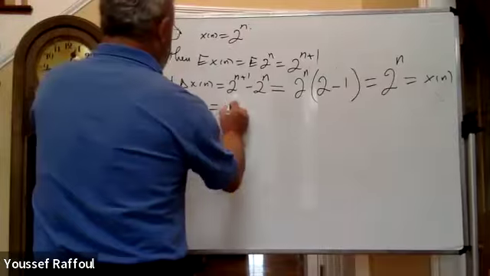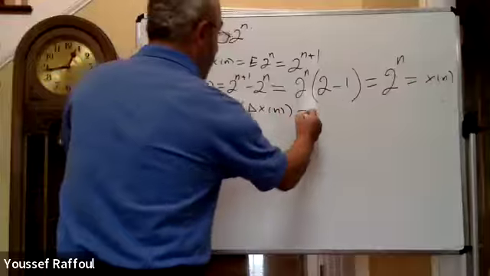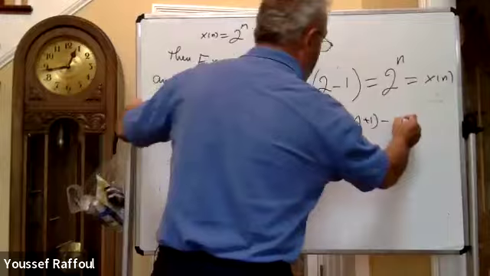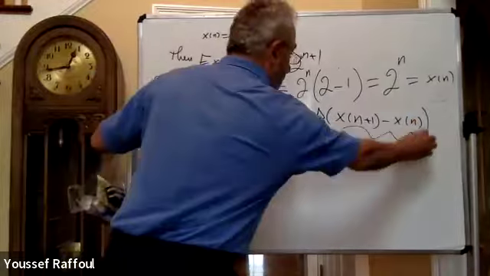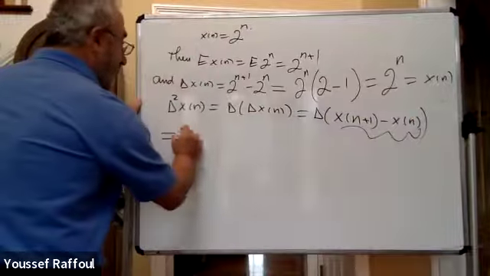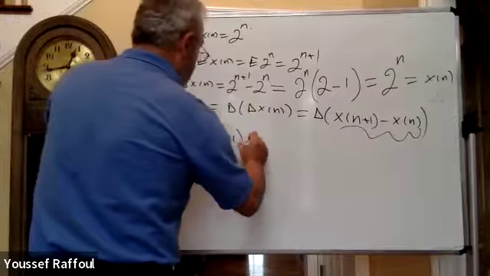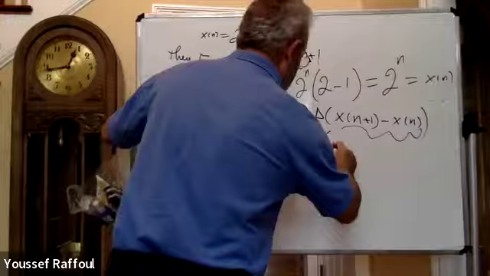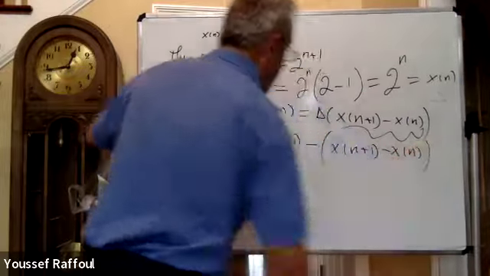So that is del of del xn, and that is del of x of n plus 1 minus xn. Treat this as one sequence. So that is going to be x of n plus 2 minus x of n plus 1, minus x of n plus 1 minus xn. You see that?